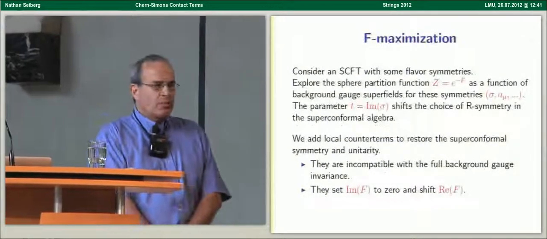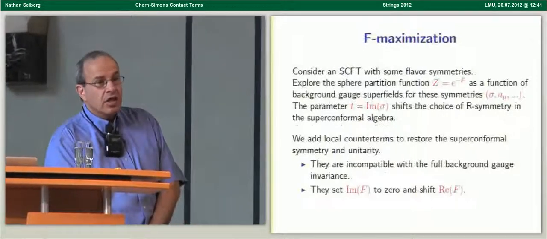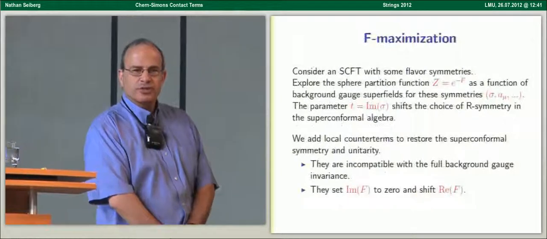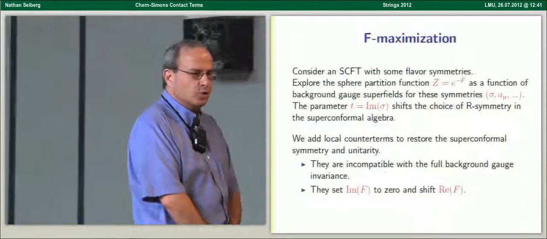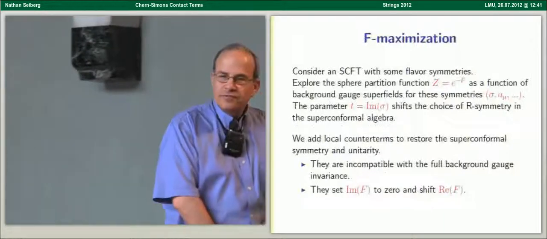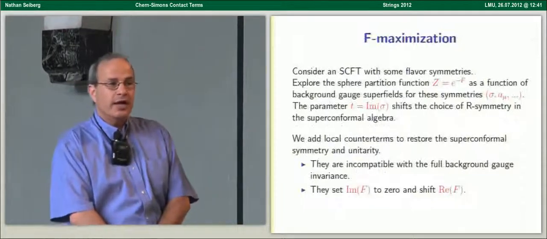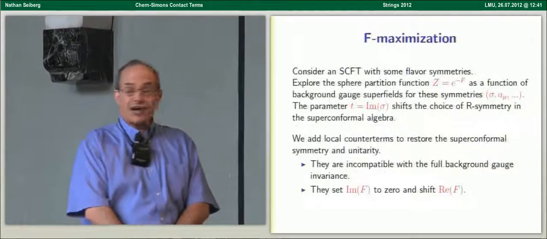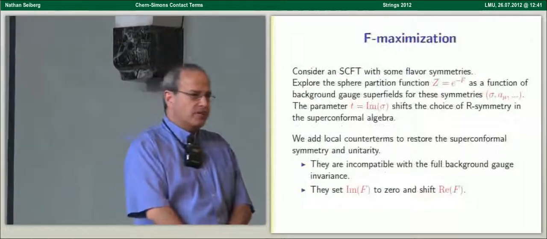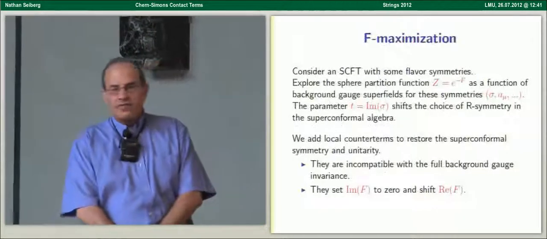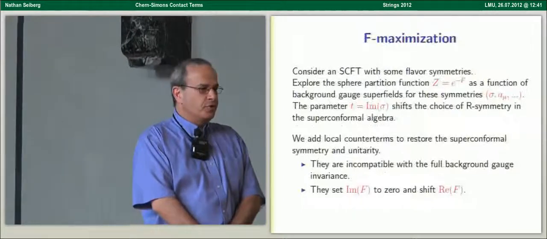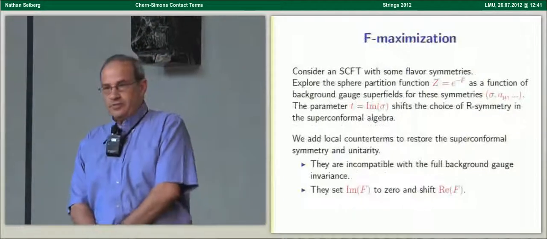So this brings me to the topic of F maximization. Now that we understand the phase of the partition function, we know exactly what we should do. In order not to be confused by the phase, we sacrifice invariance under large gauge transformations. We add the appropriate fractional Chern-Simons term to fix the problem. Now we have an honest-to-God conformal field theory. We can easily bring it to the sphere.